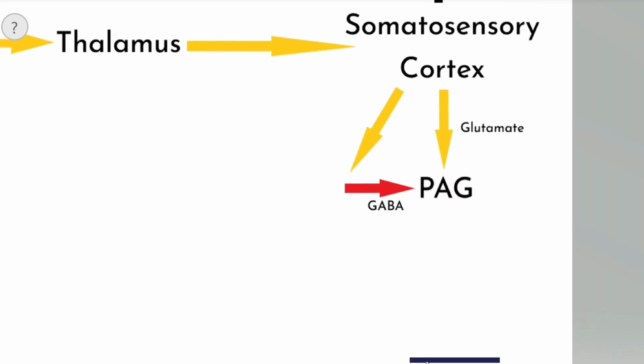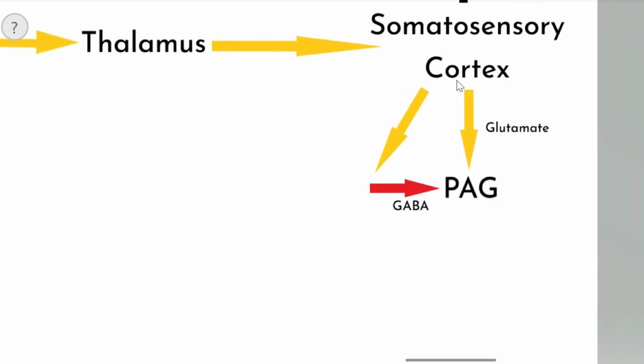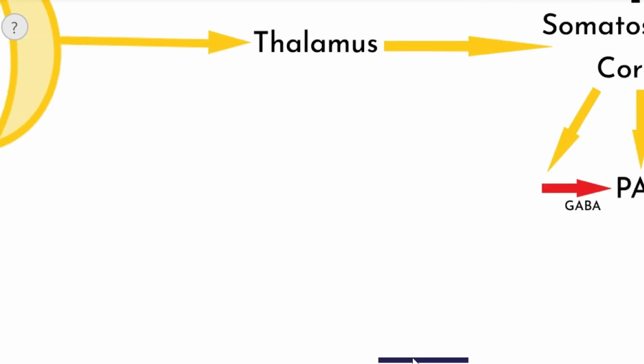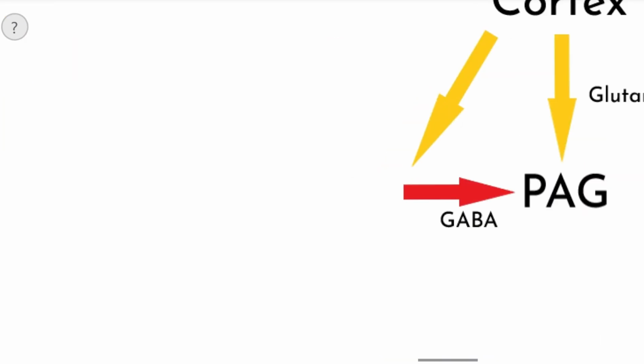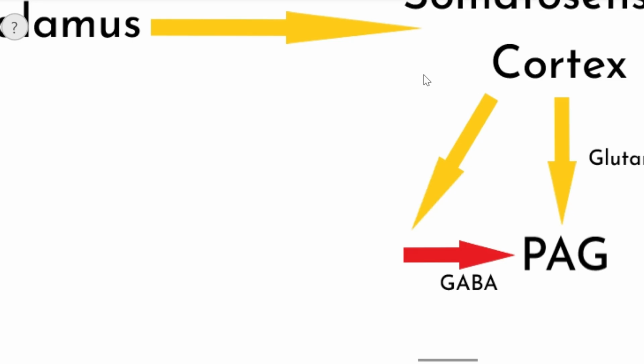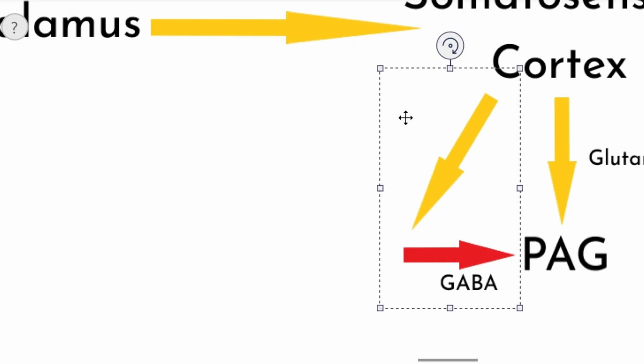But unfortunately for the somatosensory cortex, it just starts blasting glutamate out of this system. It's not going to stop the little inhibitory neuron. Even if it stops putting glutamate down this one, this little inhibitor is still going to be very much active. What the somatosensory cortex actually has to do is inhibit both of these neurons here.